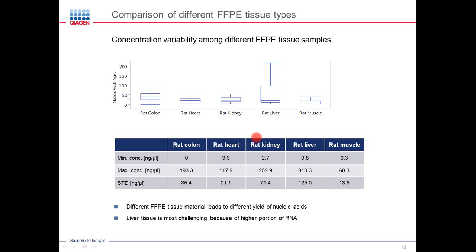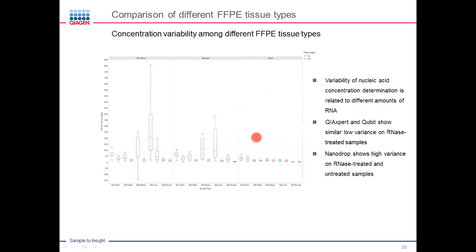So you may then ask, what about RNase versus non-RNase treatment in the different tissue types? We also looked at that, and it becomes very obvious when you look at these box plots that again the majority of the variation on the absorbance-based measurements comes from measuring additional RNA, which is still in the samples.